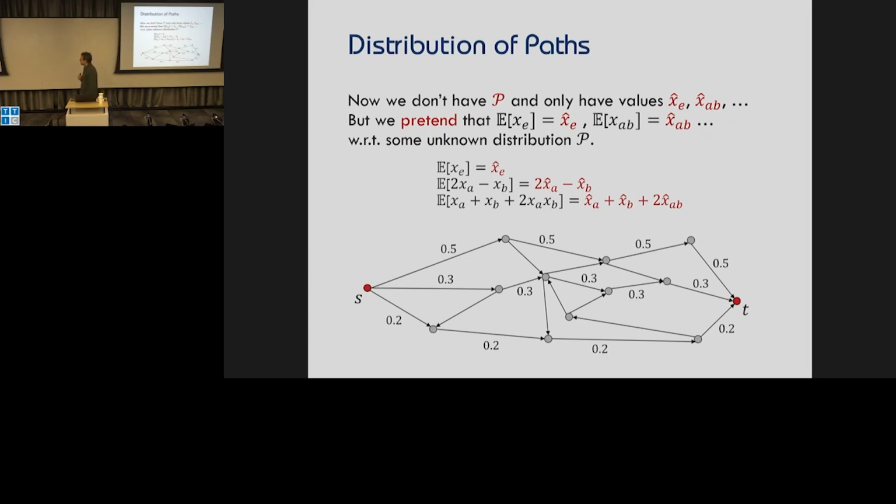In other words, the expectation of XE is equal to XE hat, the expectation of XAB is equal to XAB hat, and so on. In this case, we can still write what the expectations of these polynomials are. Note that in order to do that, we don't really need the full description of our distribution. It is sufficient to know just the values of these x hat variables.